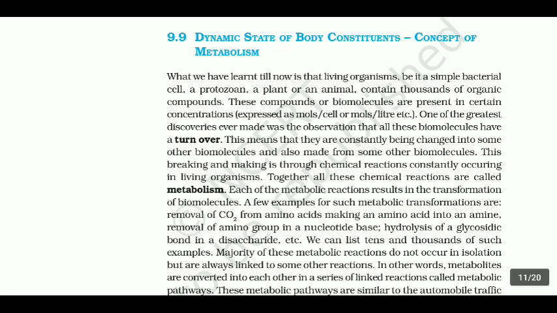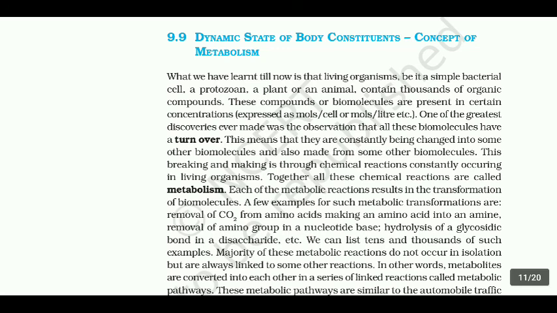One of the greatest discoveries ever made was the observation that all these biomolecules are turned over. This means that they are constantly being changed into some other biomolecules and also made from some other biomolecules, just like breaking and making, through chemical reactions constantly occurring in living organisms. Together, all these chemical reactions are called metabolism.